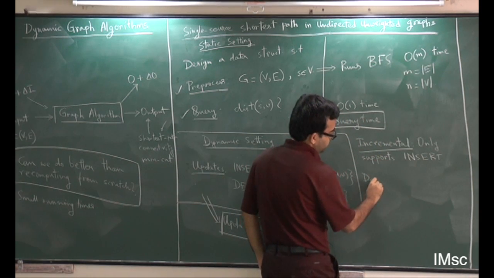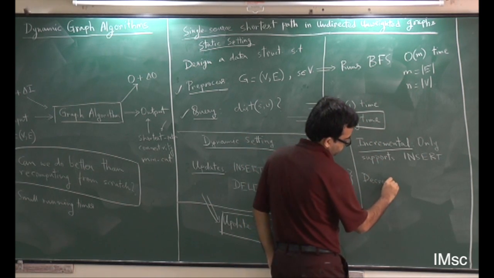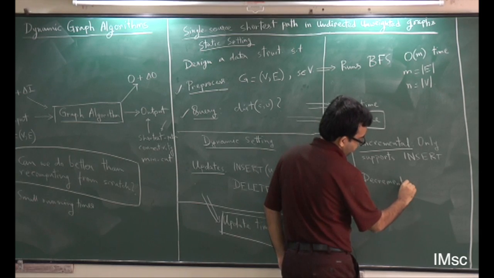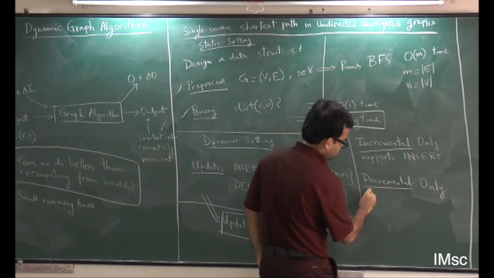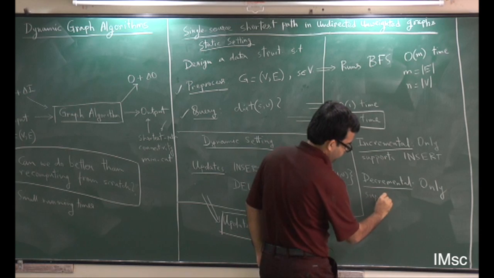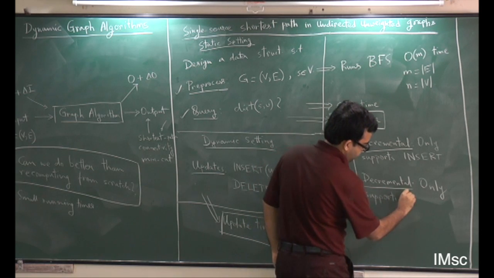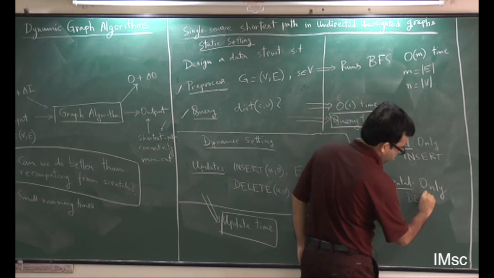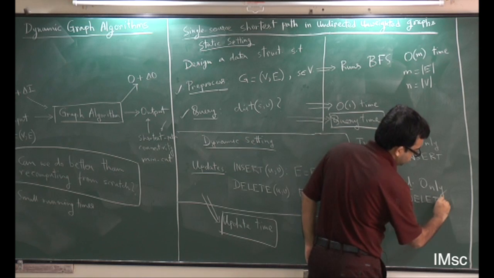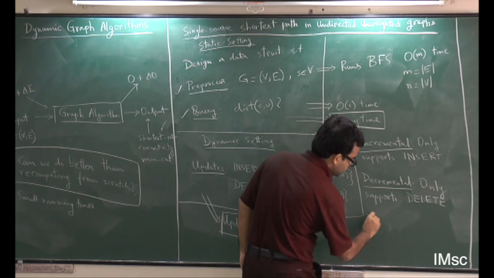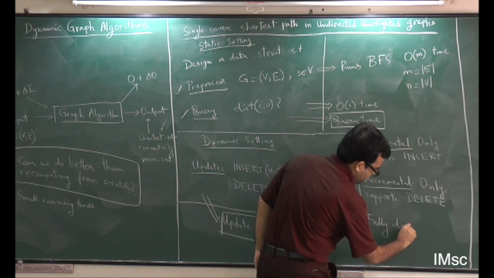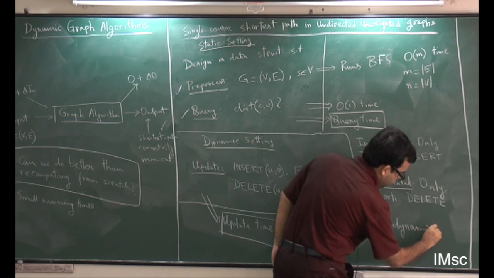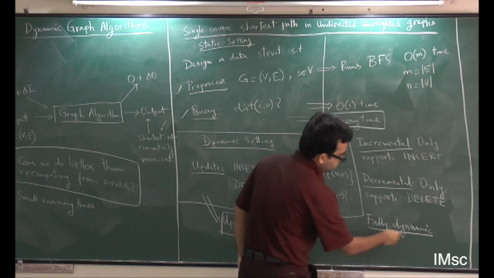And we say that a dynamic setting is decremental if it only supports delete operations. Otherwise, we will say that this setting is fully dynamic. So, this means it supports both insert and delete.